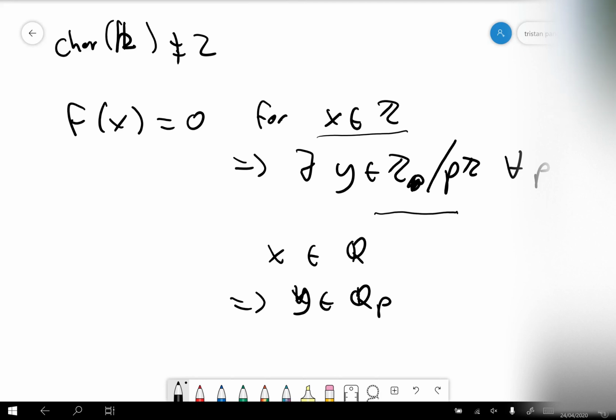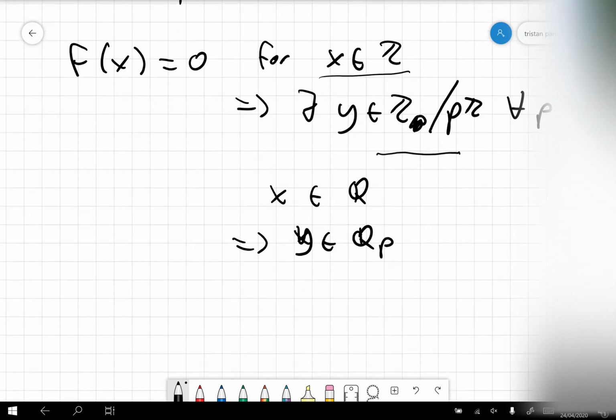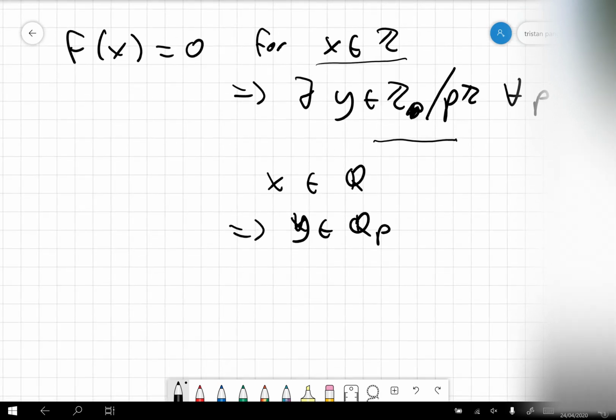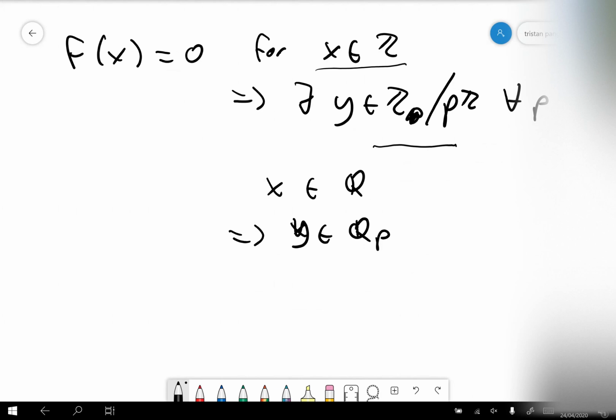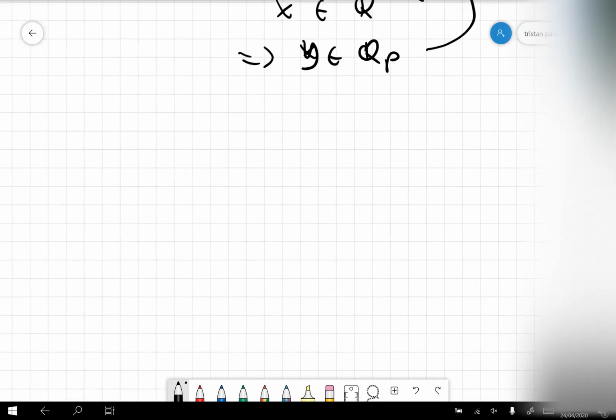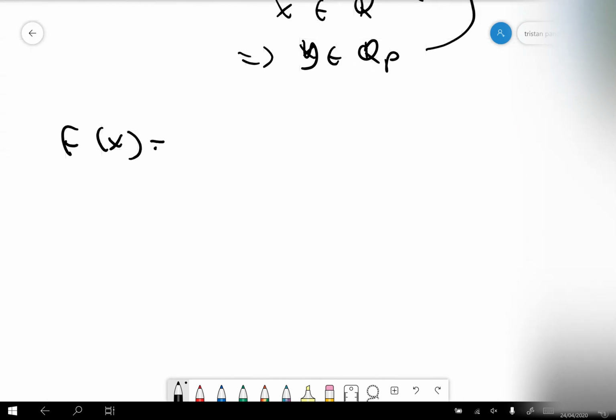And that's good, but what about the converse? Can we go the other way around? Well, in general, it's not true. For example, let's take the polynomial x squared minus 5x plus 1.